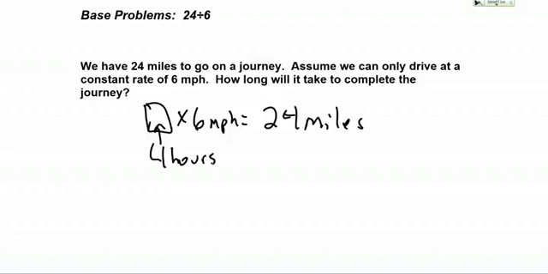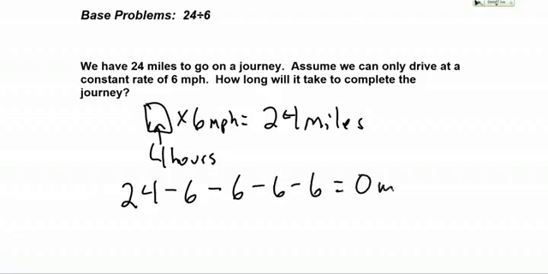Another way you might want to think about this is to look at your 24 miles and start taking away 6 miles for every hour. So 6 miles for this hour, 6 miles for this hour, 6 miles for this hour, 6 miles for this hour. And finally we're left with 0 miles, which means it took 4 of those hours to cover the 24 miles.